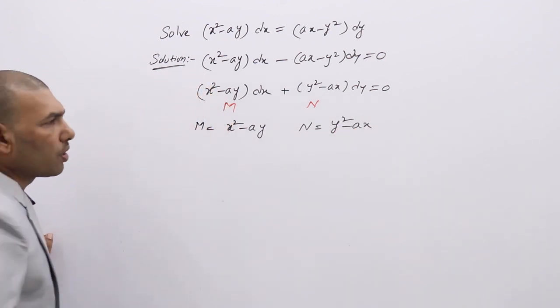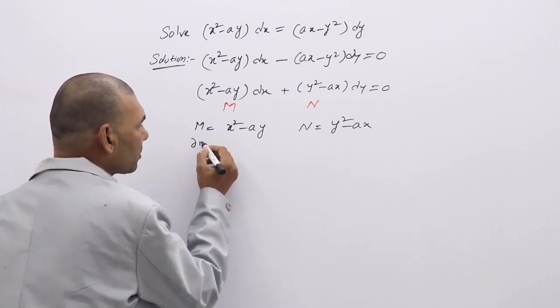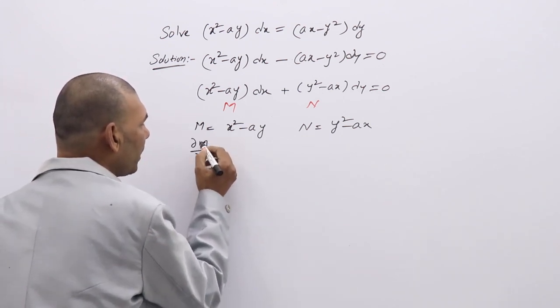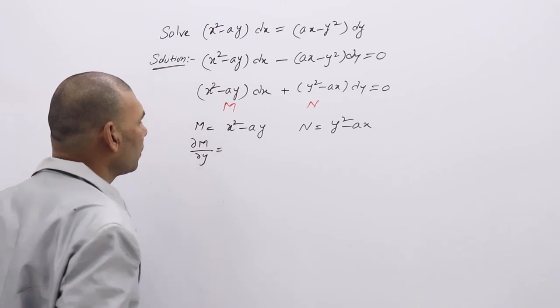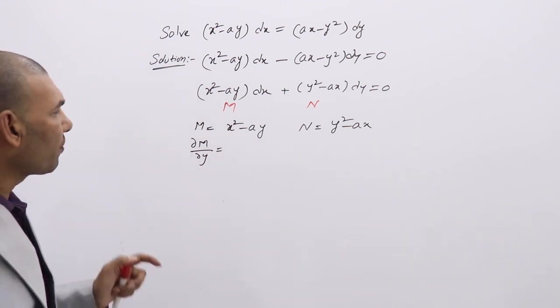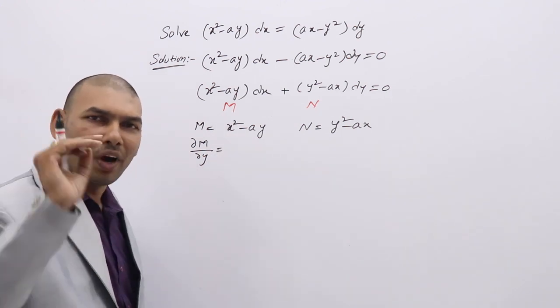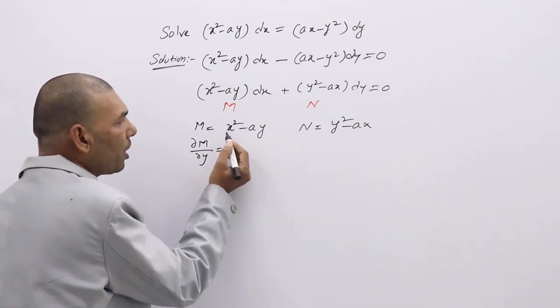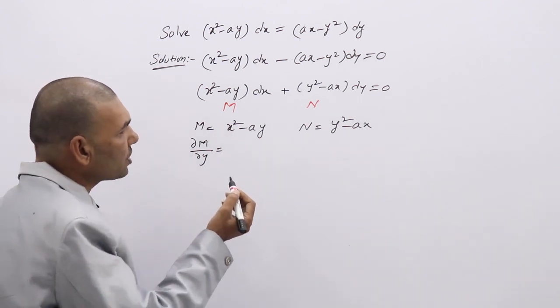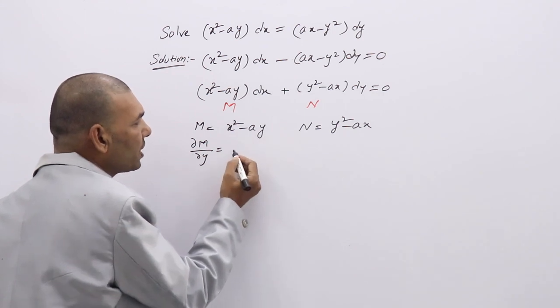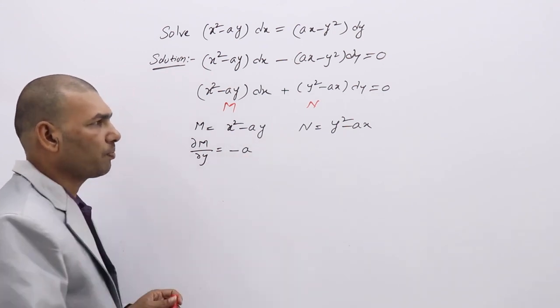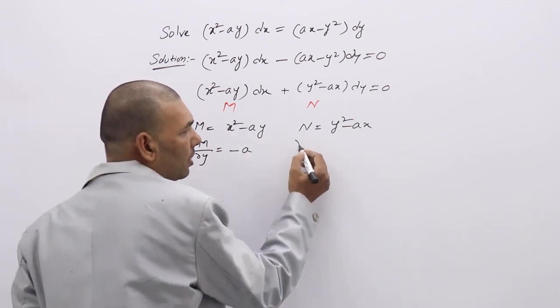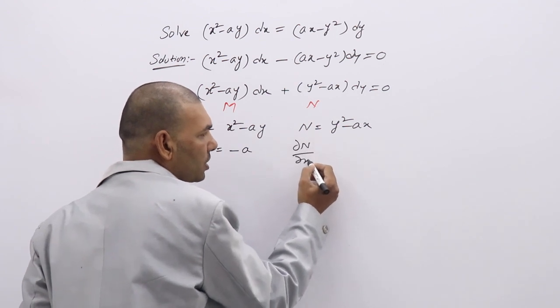Now find ∂M/∂y and ∂N/∂x. ∂M/∂y is, with respect to y partially, don't differentiate x terms, differentiate y terms only. So here you don't have y in the first term, that becomes 0. Differentiation of constant is 0, and differentiation of y is 1. You will have minus a. Similarly here, ∂N/∂x.